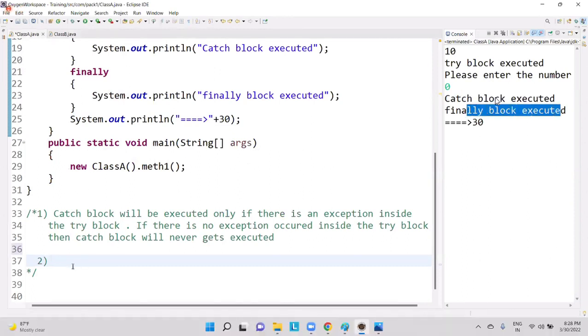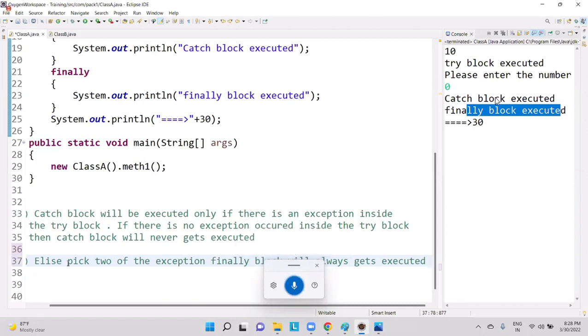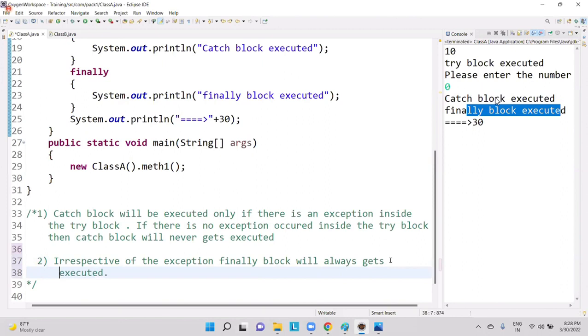Am I right or wrong? Irrespective of the exception, finally block will always get executed.